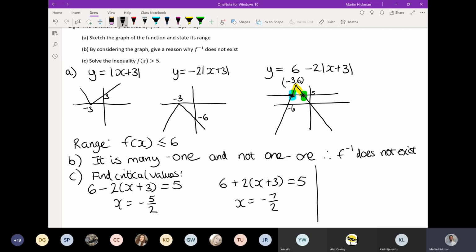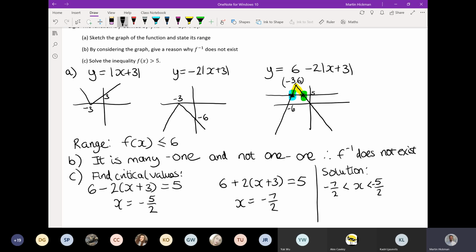So in terms of your answer, look at your graph. You can hopefully see that for the values of x that you need to put in that give you a y value that's 5 or more, the x has to be between -7 over 2 and -5 over 2. So your solution is just simply going to be -7 over 2 is less than x, which is less than -5 over 2.